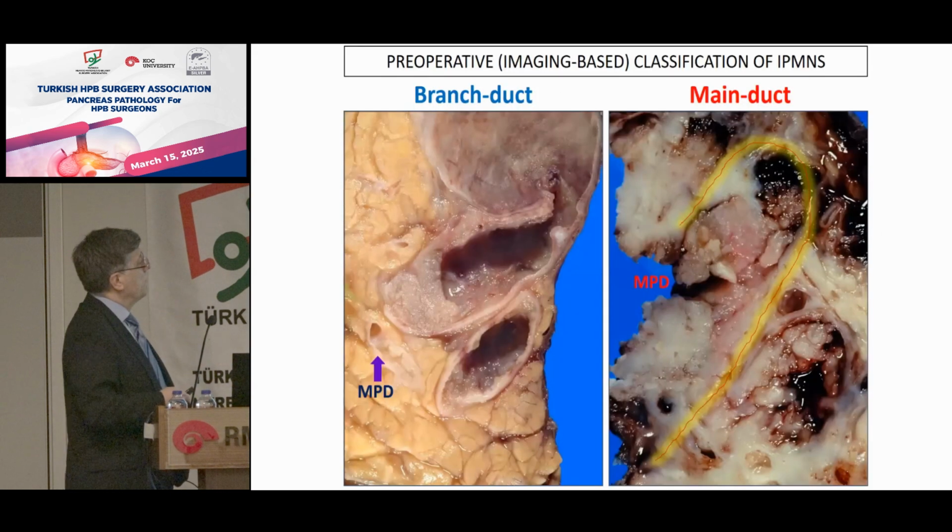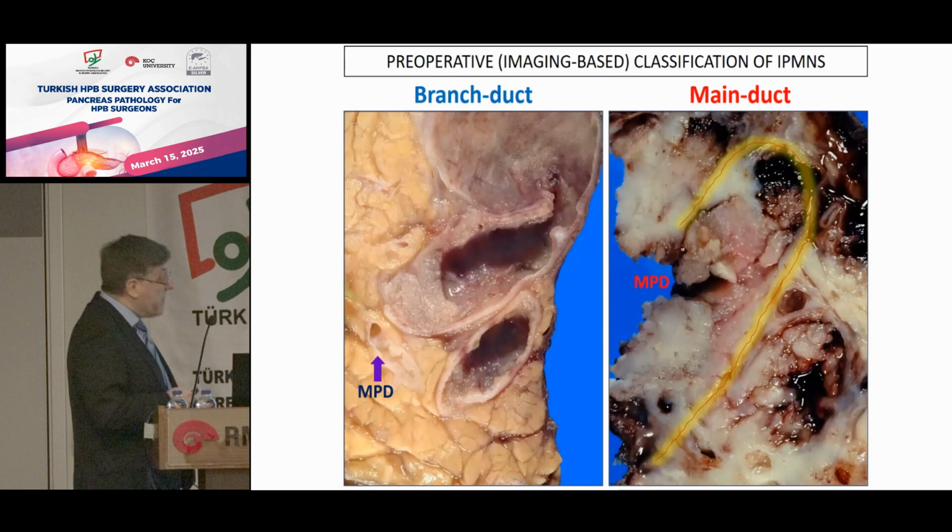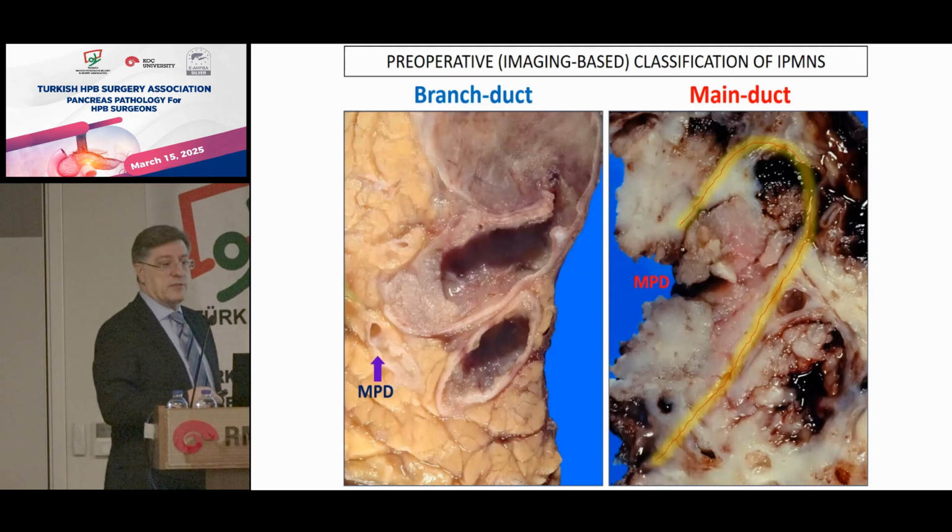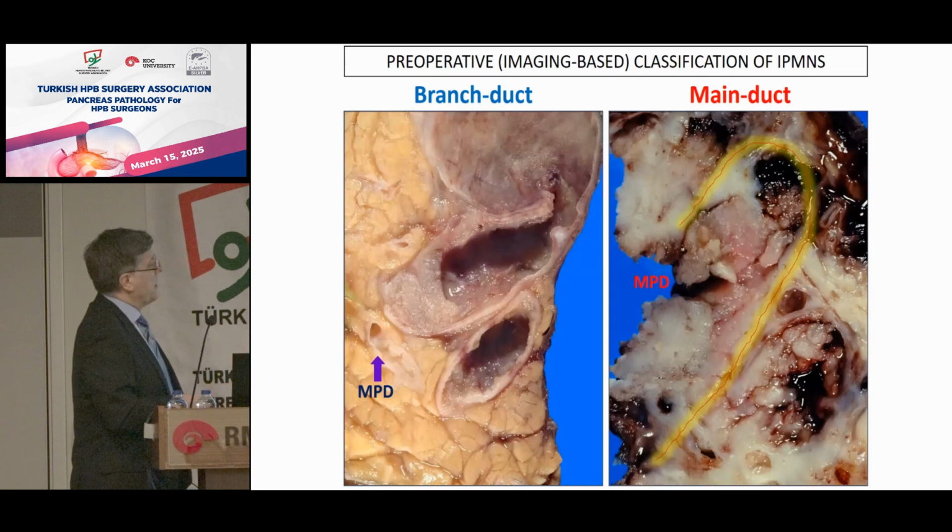Coming to IPMNs, there's a preoperative algorithmic approach to IPMNs as branch duct versus main duct. Branch duct IPMNs often preserve the main duct, but often you also see a little bit of involvement, though minimal. It's at least not dilating the main duct and showing this granularity. This is probably the ampulla, by the way. And the multilocular cystic transformation, with these papillary nodules.